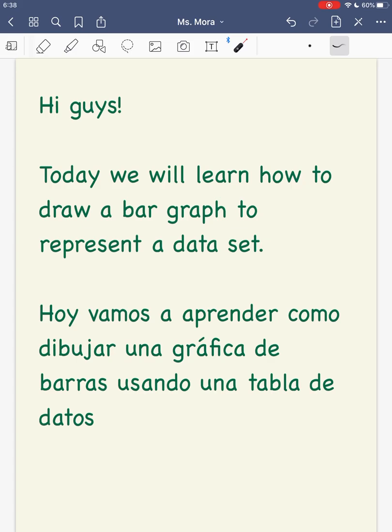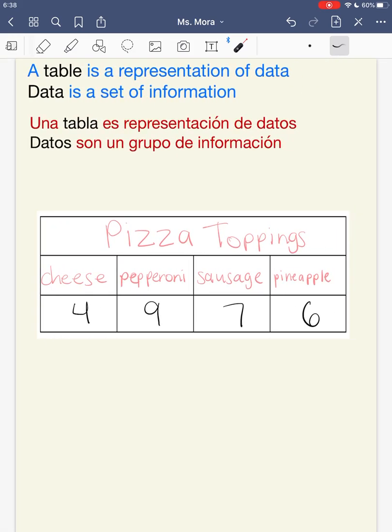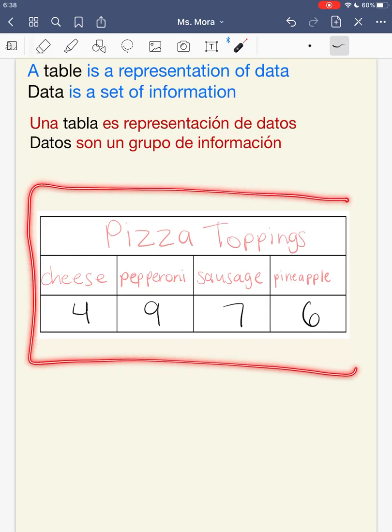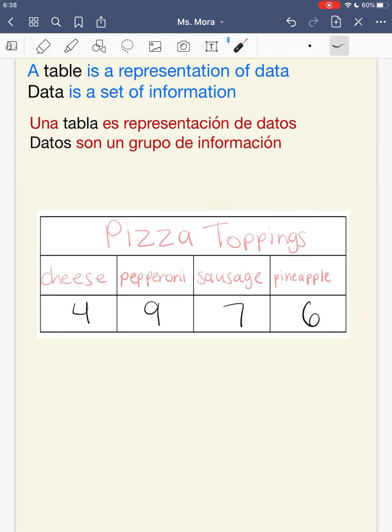Okay guys, so let's just do a quick review of what a table is, which is a representation of data. So this whole thing is a table, and the data is a set of information. So the data is found in the table.